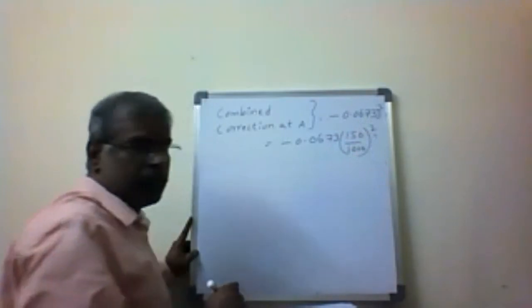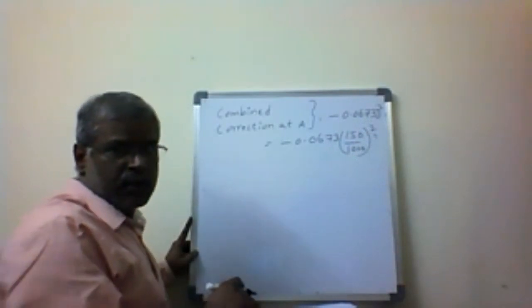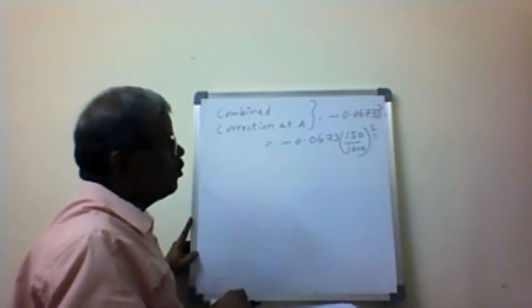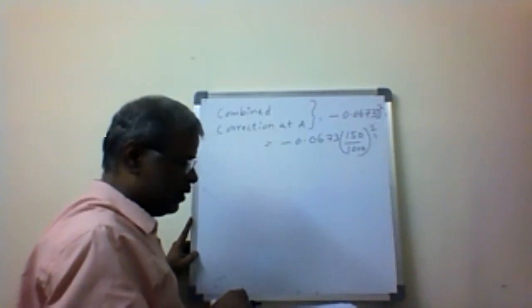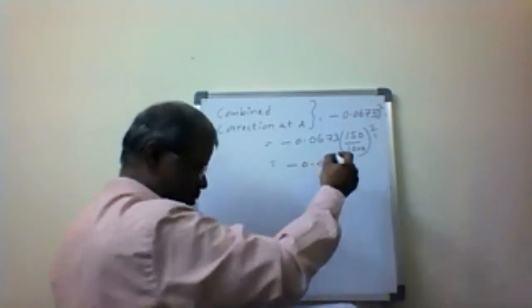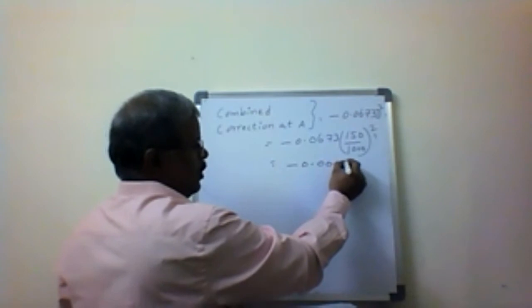In the problem, 150 meters is given, so we are going to change it into kilometers in the formula. So it is minus 0.0015 meters.